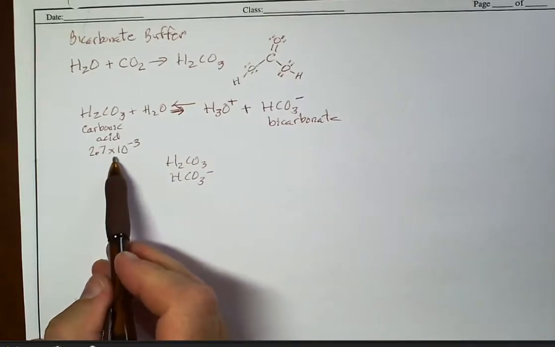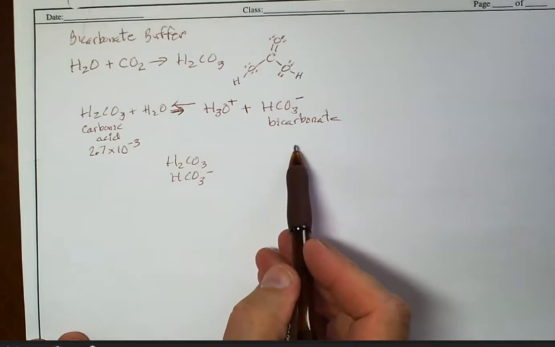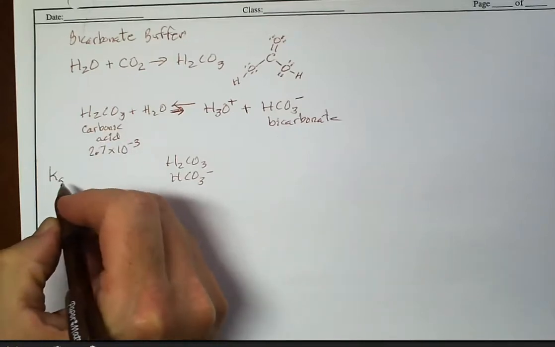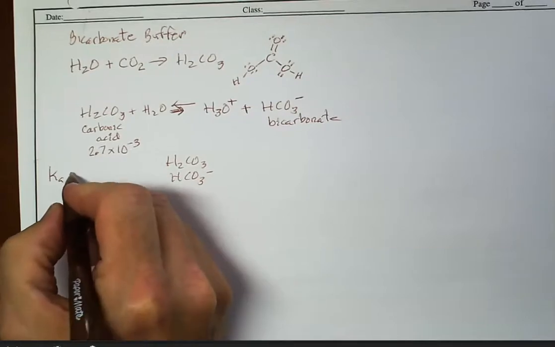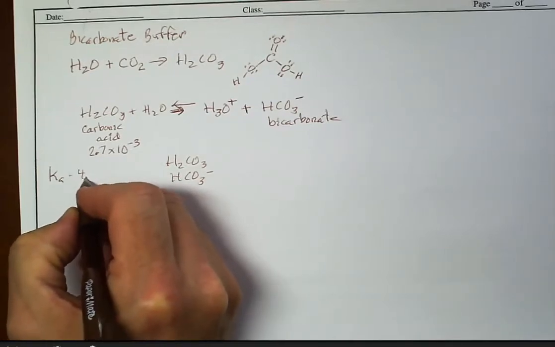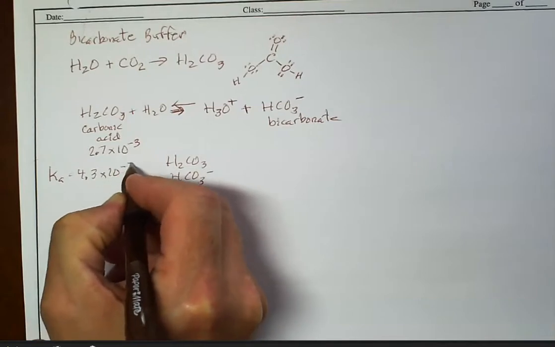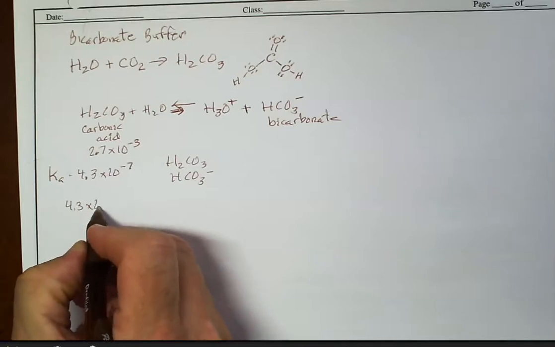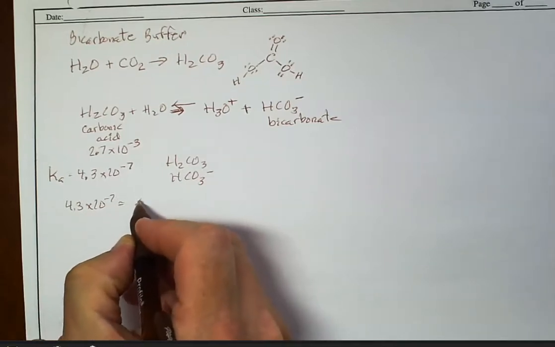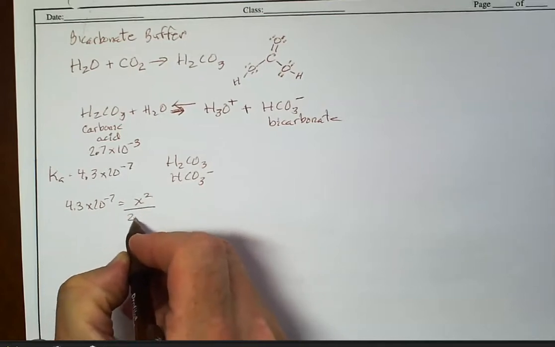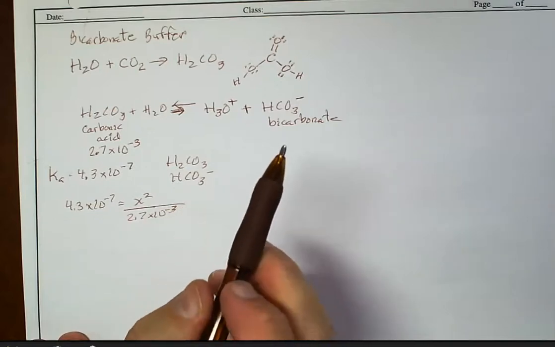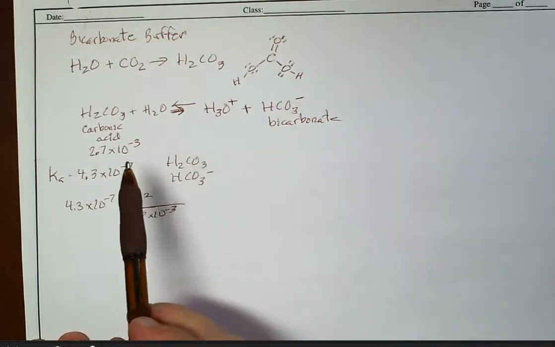So if that was the initial concentration and there's none of this and there's none of this, okay, then the Ka for carbonic acid, which is 4.3 times 10 to the minus 7, would equal x squared over 2.7 times 10 to the minus 3. I know I just skipped some steps, but surely to goodness, as many of these as we've done, you can hang.